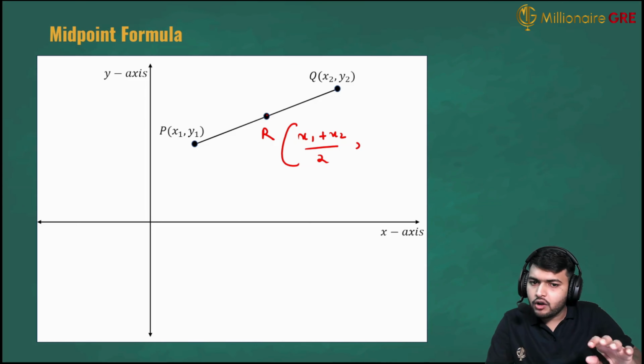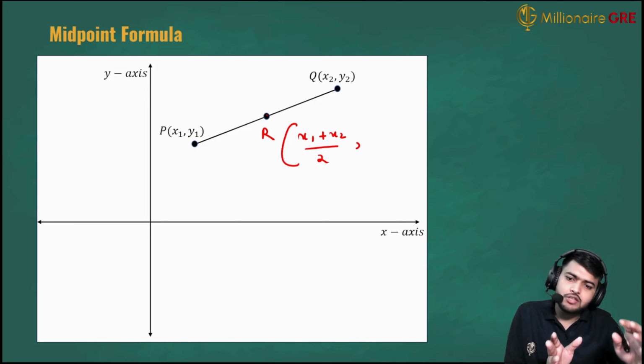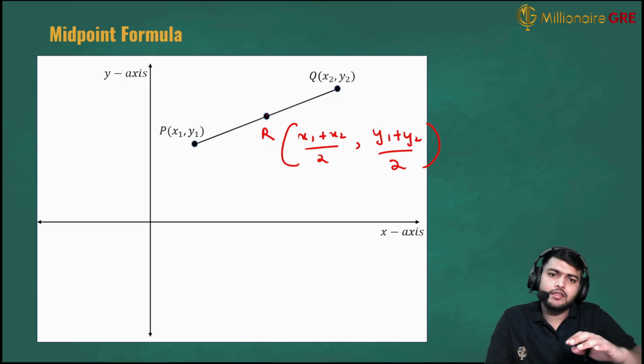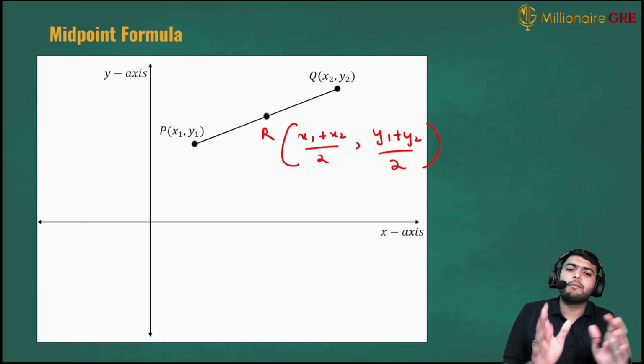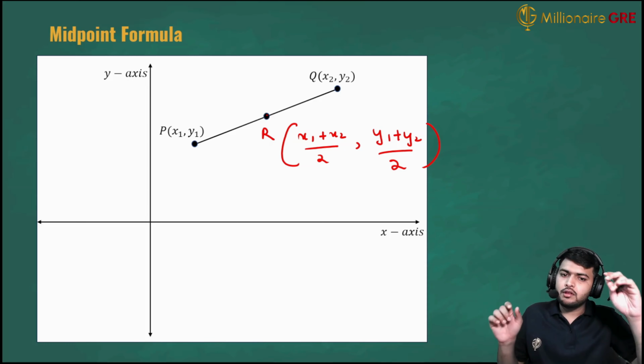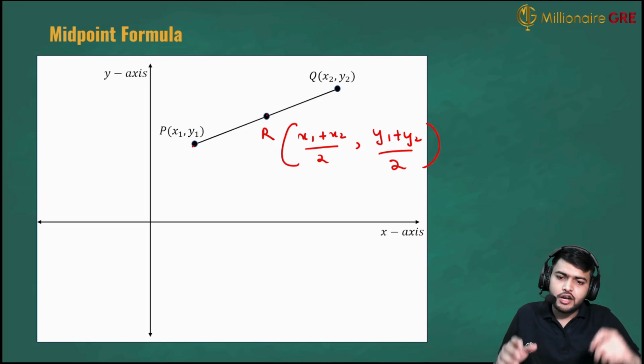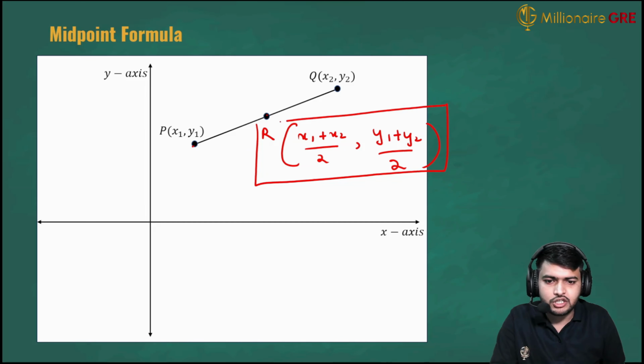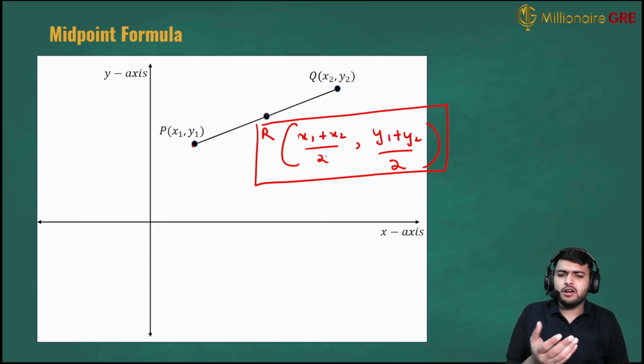And y coordinate of R will again be the average of y coordinates of P and Q. So y1 plus y2 upon 2. So this is how you find the coordinates of the midpoint. If you know the 2 points, the coordinates of the 2 points, you can find the coordinates of the midpoint using this: x2 plus x1 upon 2, comma y2 plus y1 upon 2.